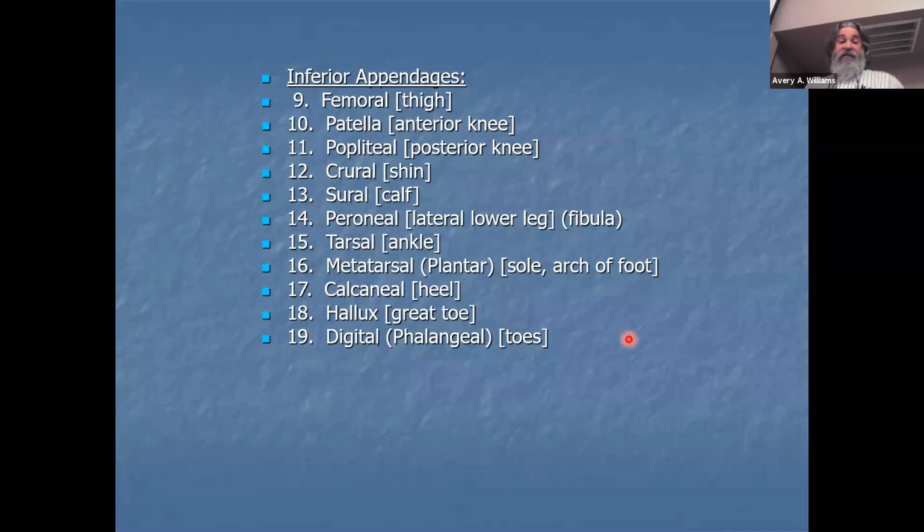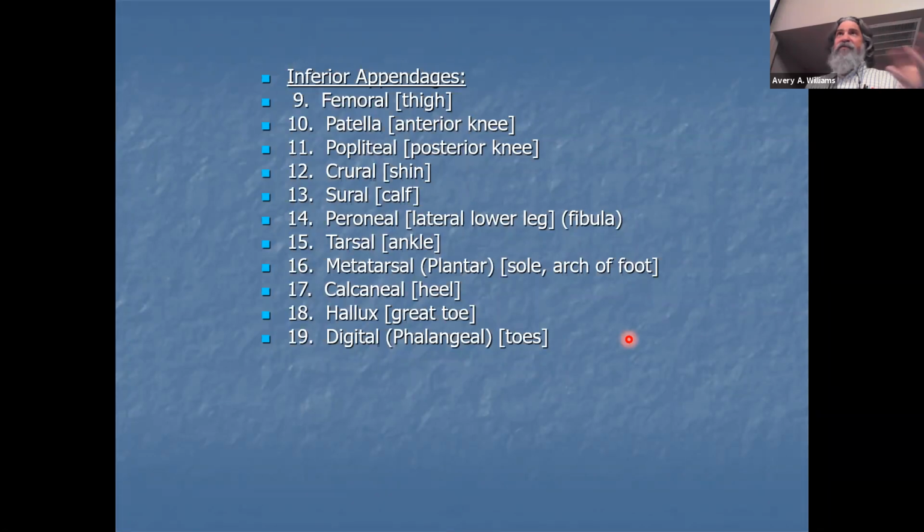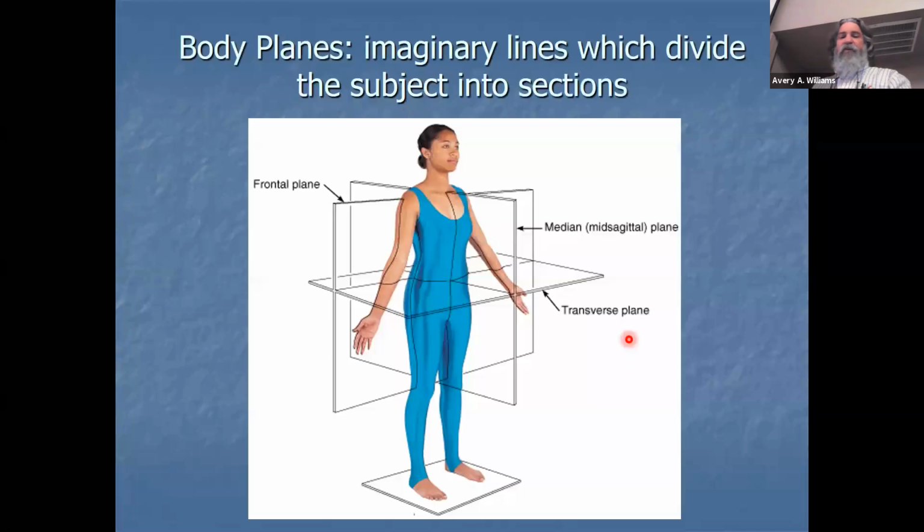Go figure. Although the wrist bones and ankle bones are different, most of them anyway. But the bones of the digits don't have special names, other than being numbered, so you can't distinguish your fingers from your toes. Anyway, we'll talk about that later.